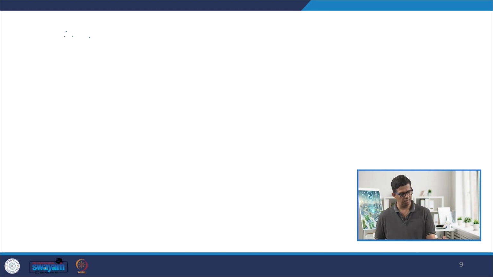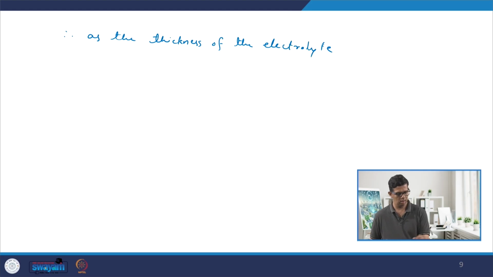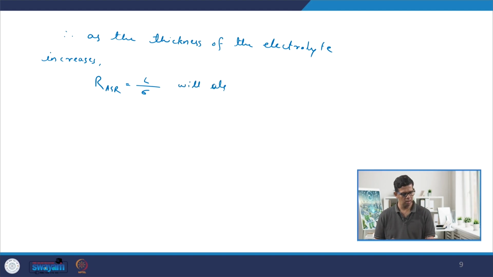So let me write. As the thickness of the electrolyte increases, the area specific resistance, that is RASR, which is L over sigma, will also increase, I would say, linearly.